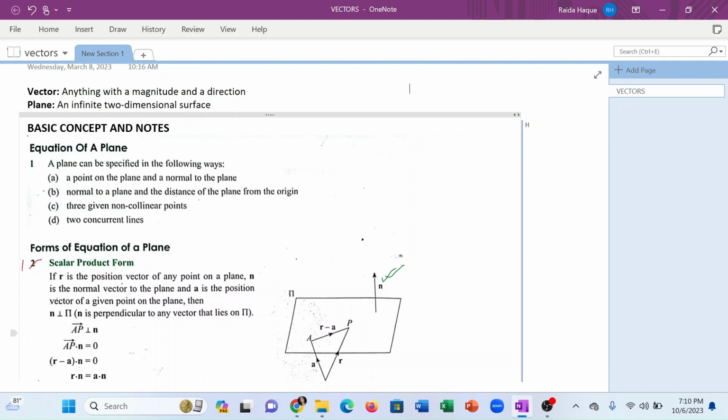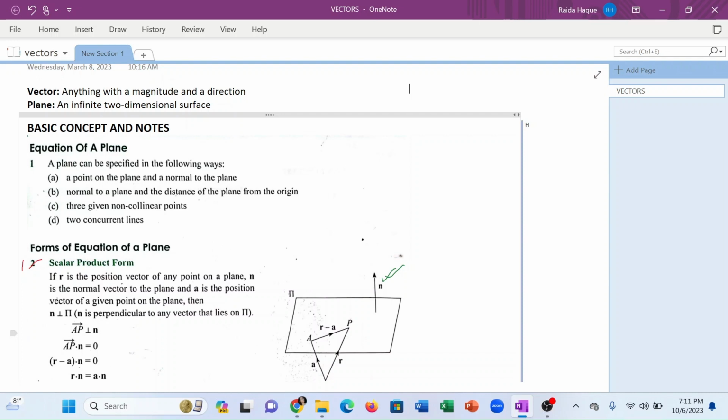We need three non-collinear points. And our last method to find the equation of a plane is if we have two concurrent lines. Concurrent lines are any lines that intersect at an angle at a single point.